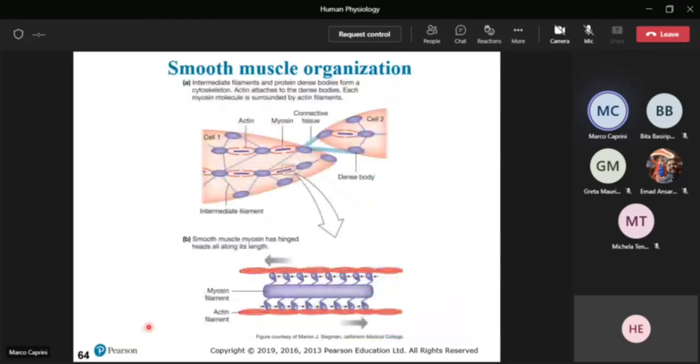But let's see, since we have already described the classification of the smooth muscles, let's see the organization of the smooth muscle, okay? Because also in this case we have actin. You look at the laser here, actin in red and myosin here in purple.